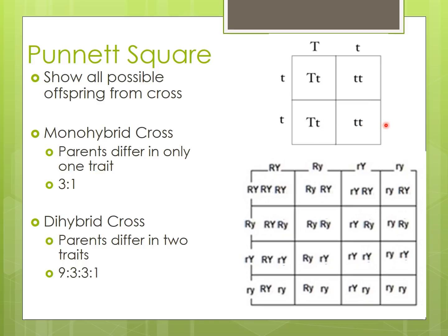When you map this out, you have 2 homozygous recessive offspring right here, or a 50% chance of a homozygous recessive offspring. But you could also have a 50% chance of a dominant allele with a recessive allele. So you would have a heterozygous individual showing the dominant trait because the dominant trait masks the recessive trait as observed here.